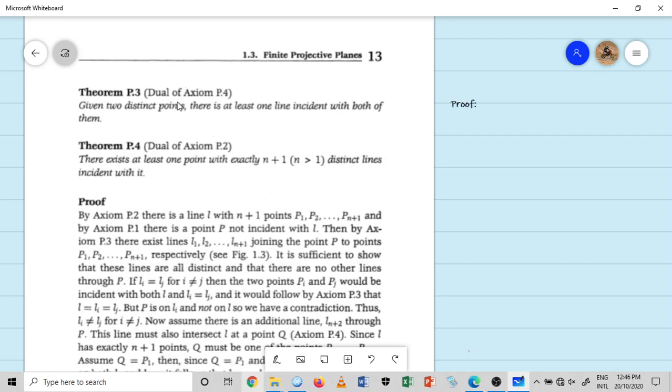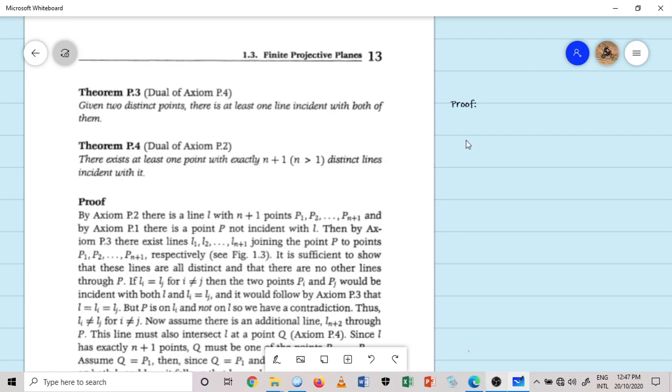This is now our third theorem for finite projective planes. This statement, theorem P.3, now states that given 2 points, there is at least one line incident with both of them.